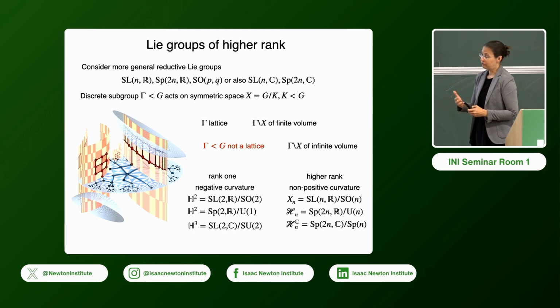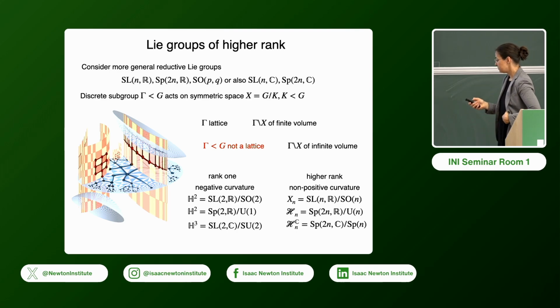Whenever we have a discrete group, it acts nicely, properly discontinuously, on the symmetric space associated to G, so on the space G/K, which is a nice Hadamard manifold. It has non-positive curvature, but a lot of structure.